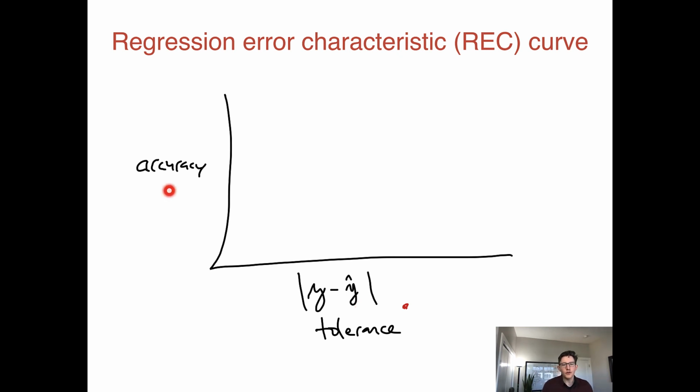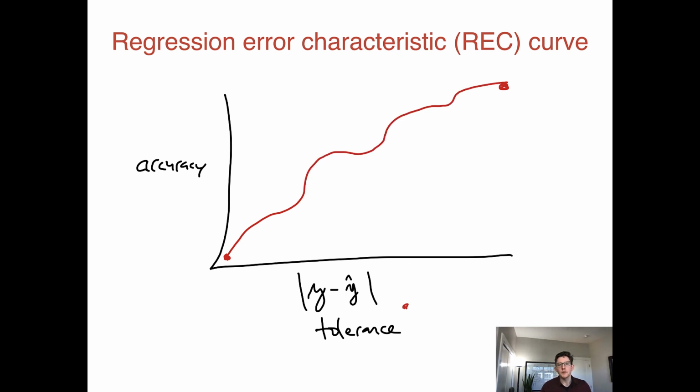And then on the vertical axis, given that we tolerate that difference, what fraction of examples do we classify within the tolerance? Of course, if we accept zero tolerance, probably we're going to get zero things right within that tolerance. And if we made our tolerance arbitrarily high, we're going to end up with all of the examples classified within that tolerance.